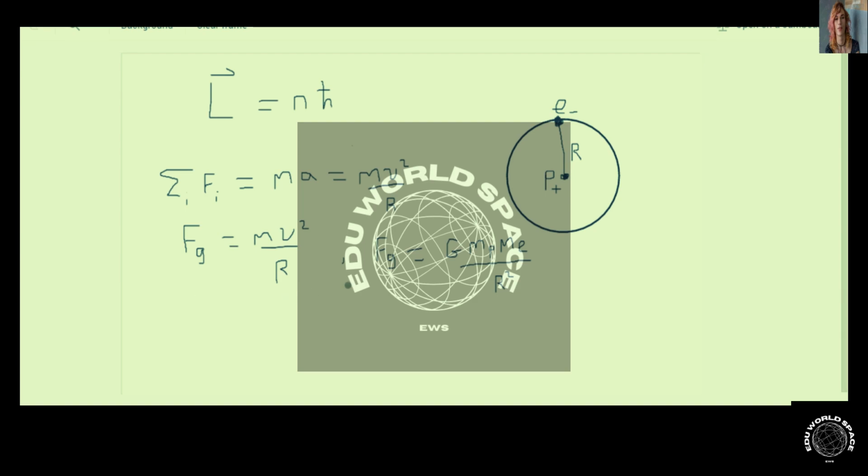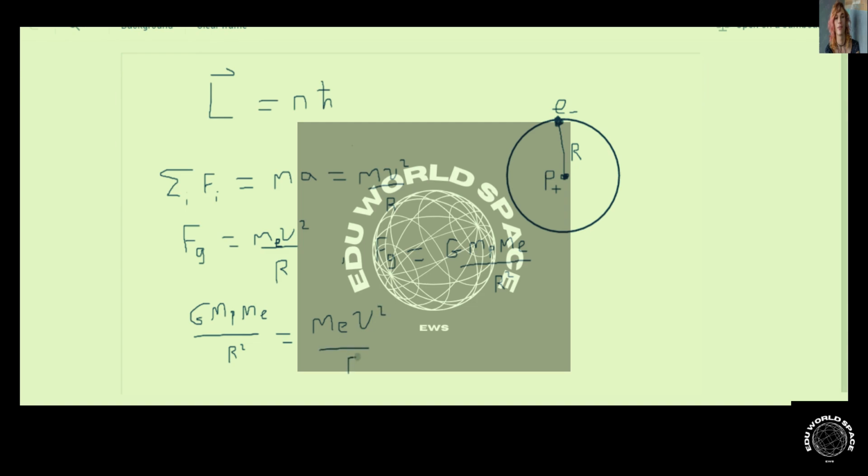Let us rewrite this equation. We will use F_g equal to G m_p m_e over r squared and equate this with mv squared over r. Now, by the way, this is m_e, since this is the moving particle here. So G m_p m_e over r squared will be equal to m_e v squared over r.